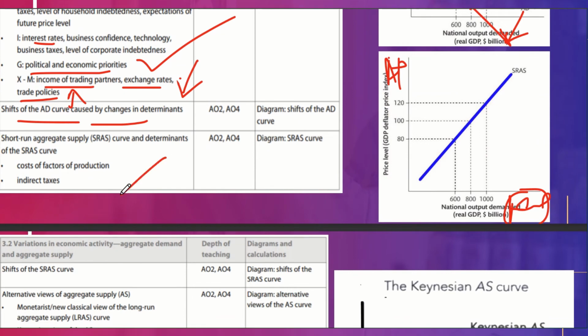And the next one is the short-run aggregate supply curve determinants. Obviously, the cost of production is an inevitable factor which will shift the short-run aggregate supply curve.